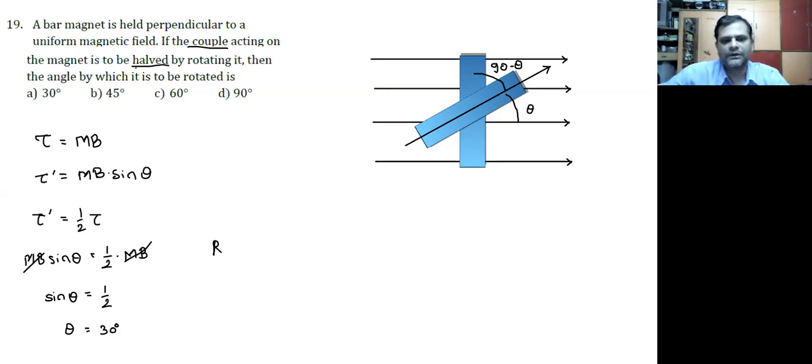So therefore, required angle we can say will actually be 90 minus theta here. So if we just subtract this 30 from 90, then we can be able to get this as a 60 as a final answer, which is going to be there in the option C here. Okay. Let us see the next question.